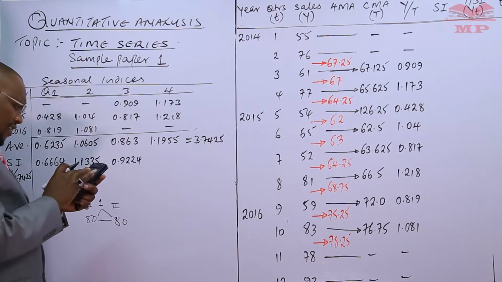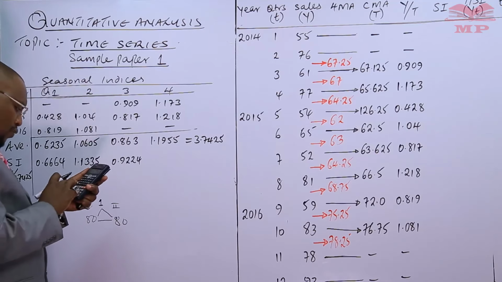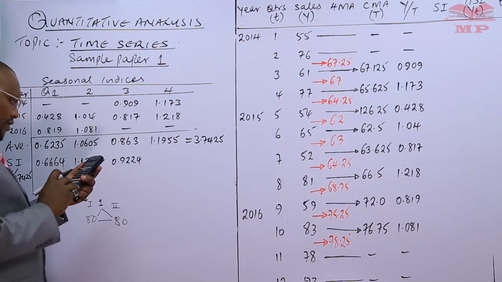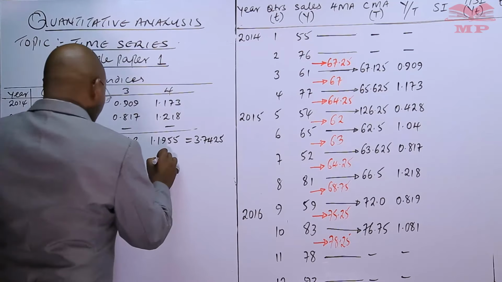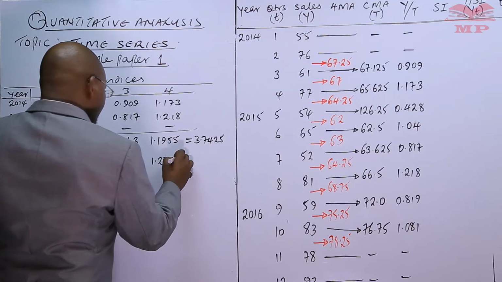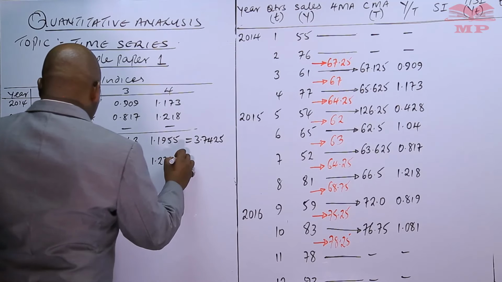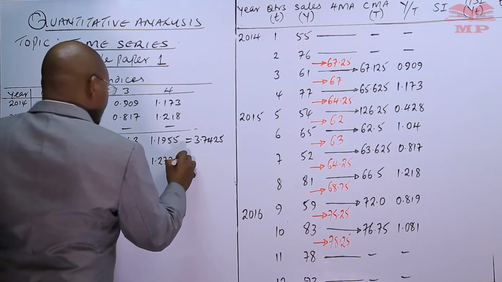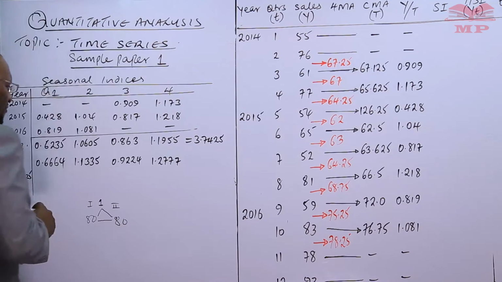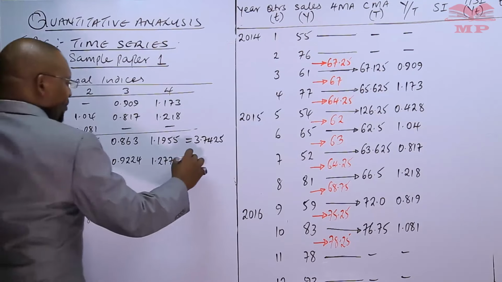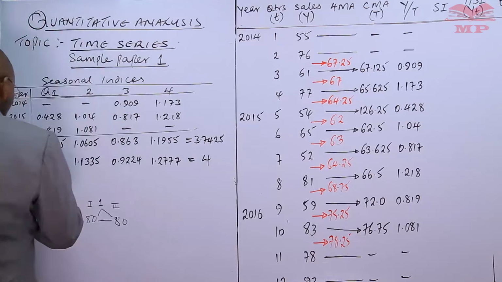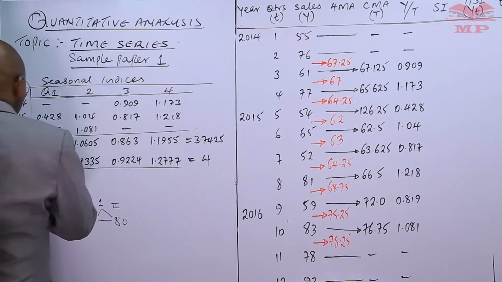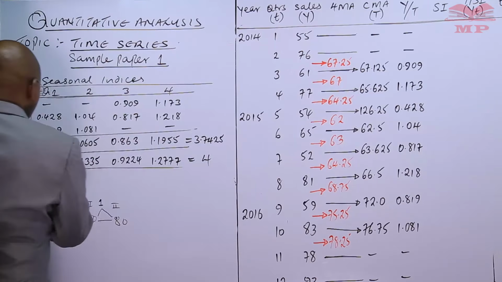And the other one is 1.1955, this is 1.2777. That's what you have. And indeed, when you add these, they now become 4, and that's what we want. So we have determined our seasonal indices.